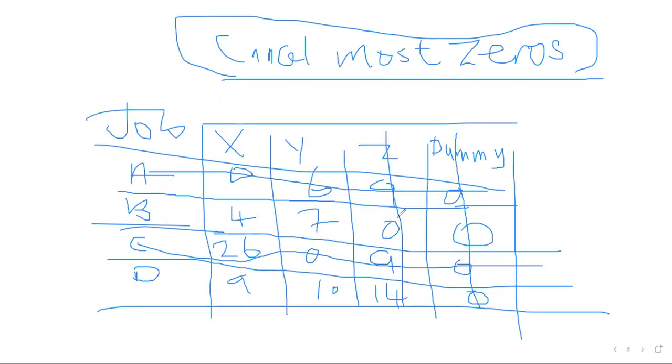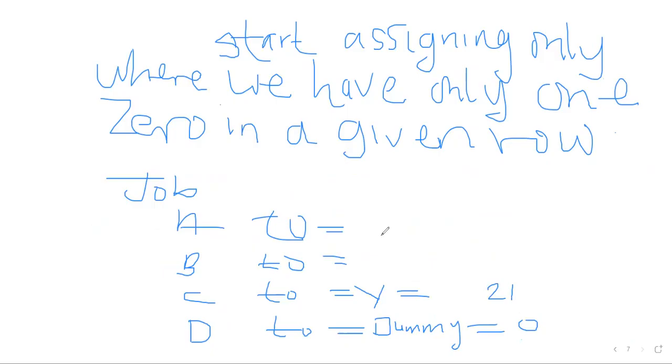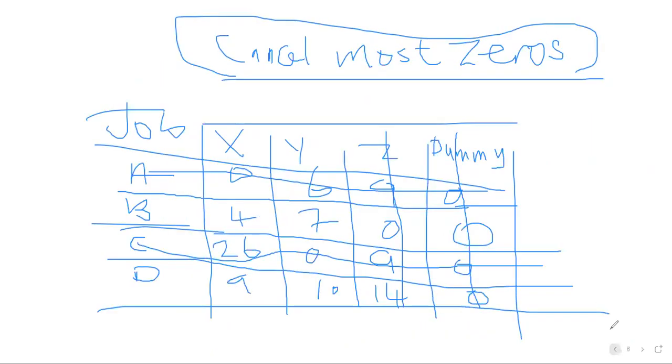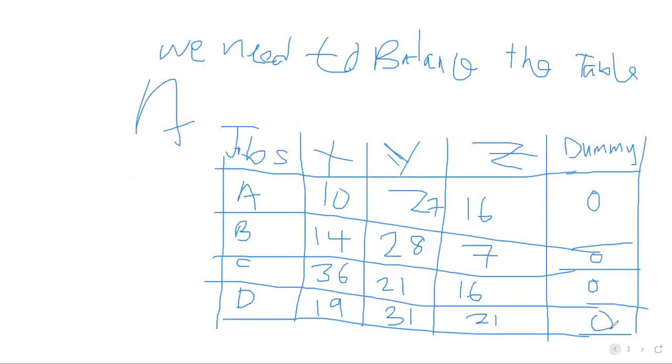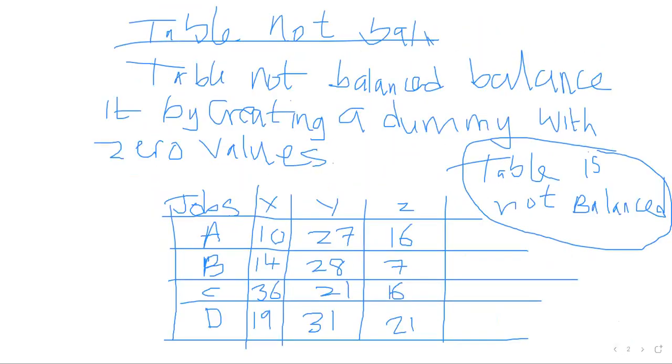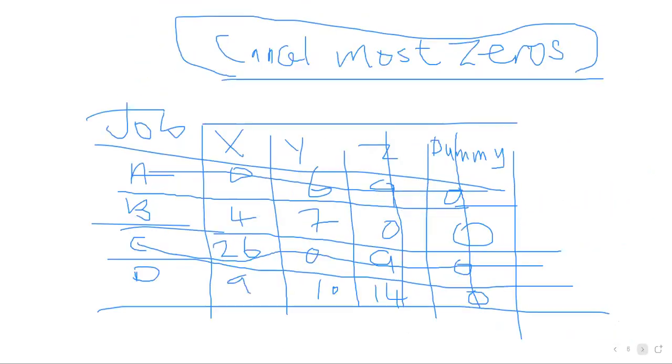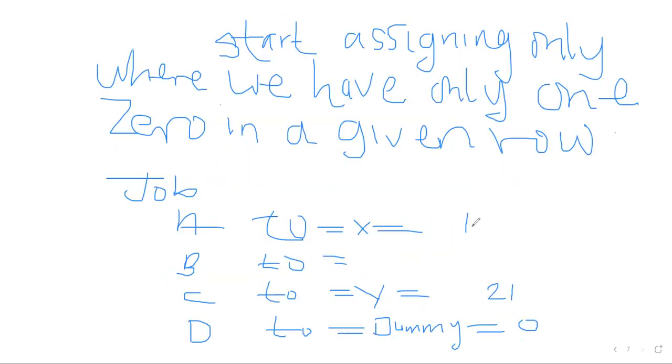So Y is taken. So meaning A to X. Getting to the original table, A to X is 10.